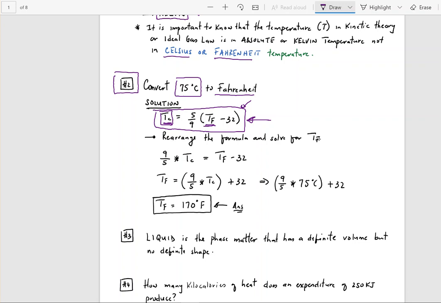So I rearranged the equation to solve for the Fahrenheit temperature. Then you plug in your 75 degrees, multiply by 9/5, and add 32 to it. Then you'll get your temperature in Fahrenheit, which is 107 degrees Fahrenheit.